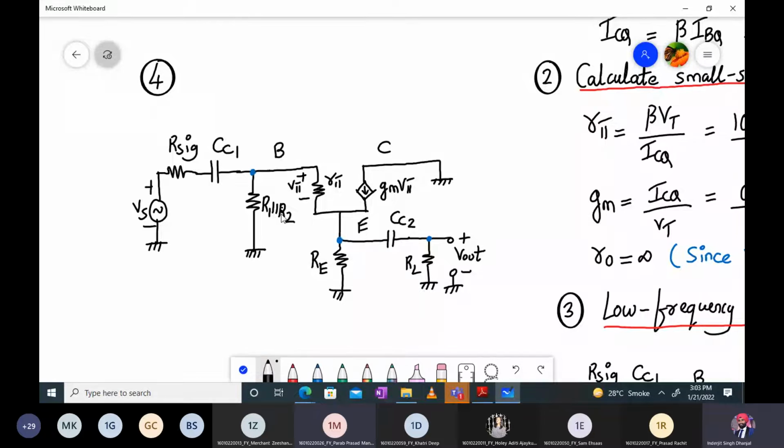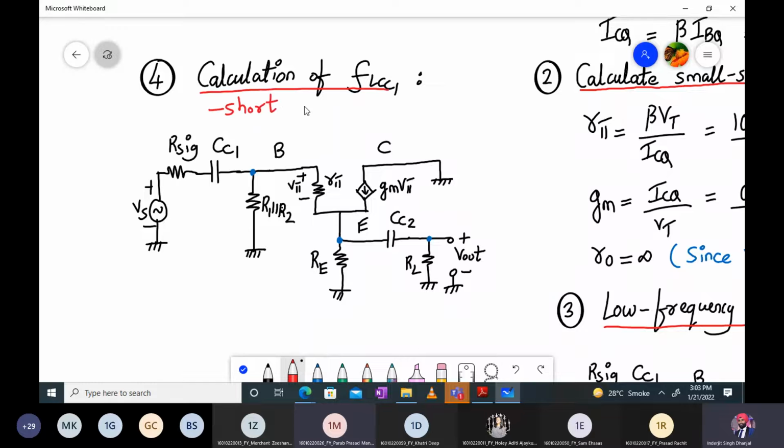So next step is calculation of FL of CC1. So how do we calculate it? What is the step? We have to short circuit VS source and CC2.